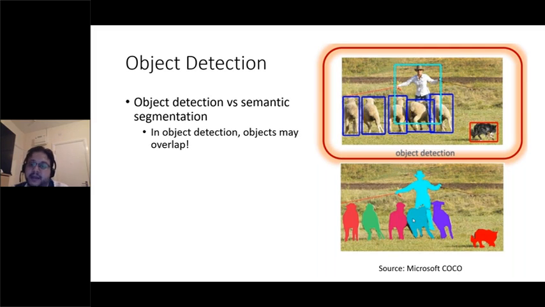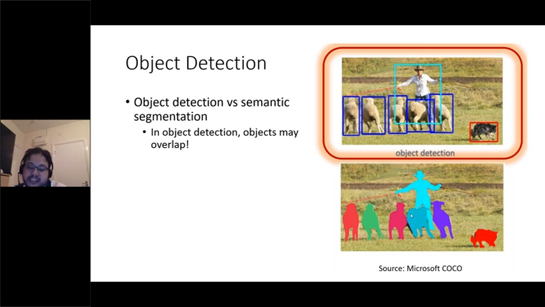For example, in the regular segmentation, we might have this as one single object. They will look like the same because they are both sheep. But Mask RCNN combines both worlds, object detection and pixel segmentation, or semantic segmentation.